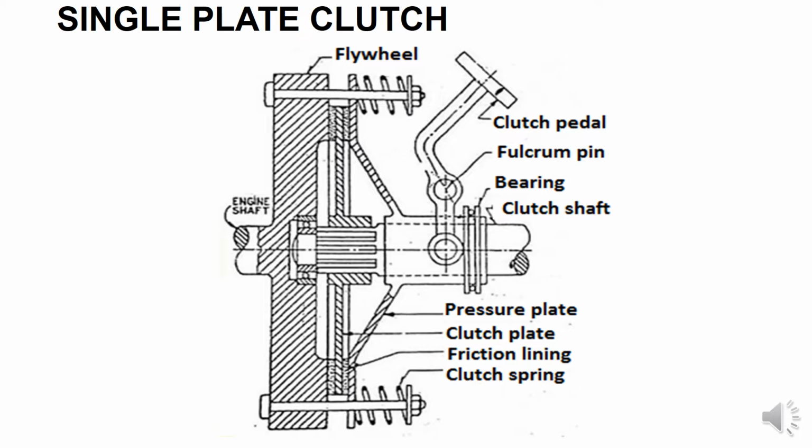It is the single plate clutch line diagram. First we can see the component details of the single plate clutch. It's the engine shaft, and the engine shaft is connected with the flywheel.